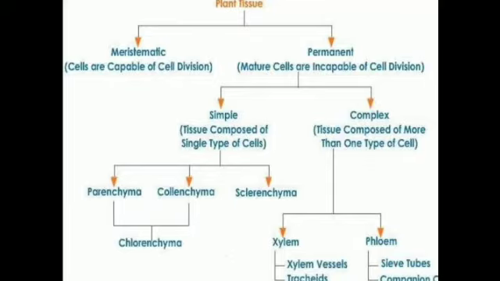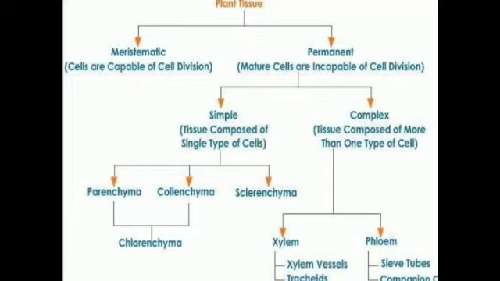And again, in permanent tissues, there are two types: simple and complex. In simple tissues, three types of tissues we have done: sclerenchyma, parenchyma, and collenchyma. I have told you their functions, their structure, everything we have discussed. And in complex tissues, there are two types: xylem and phloem.